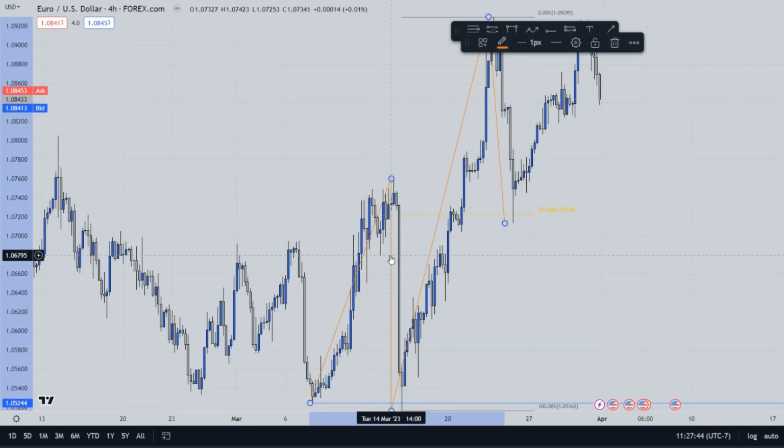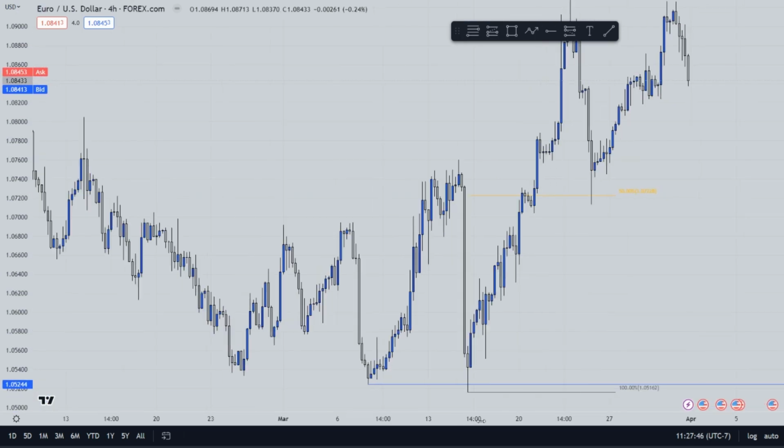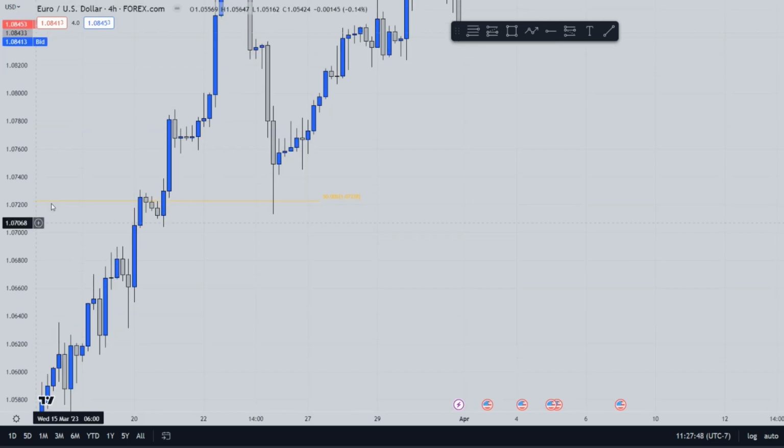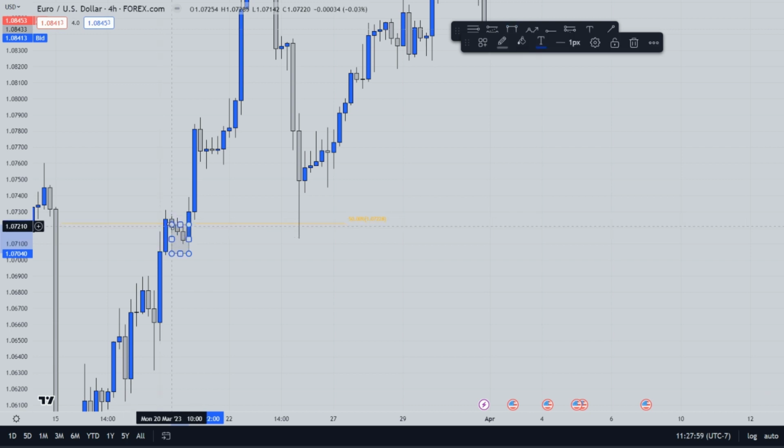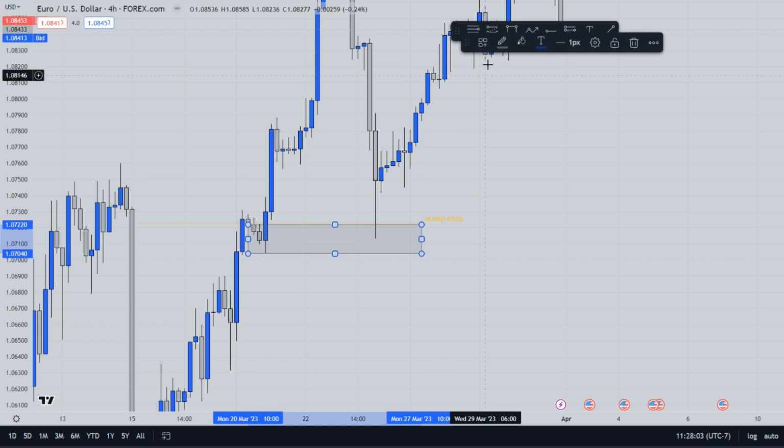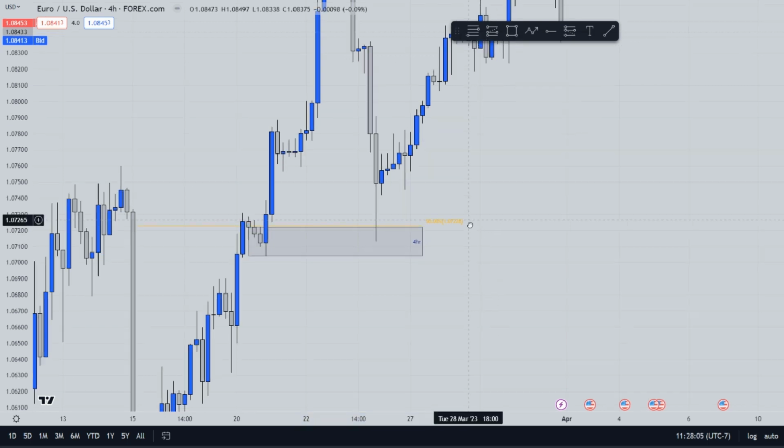Let me delete this line. And I use this little pullback on the 4 hour time frame. All right. Label that 4 hour. Okay.